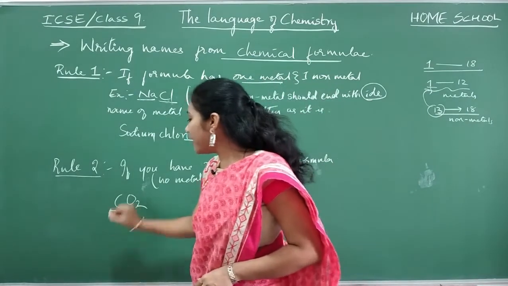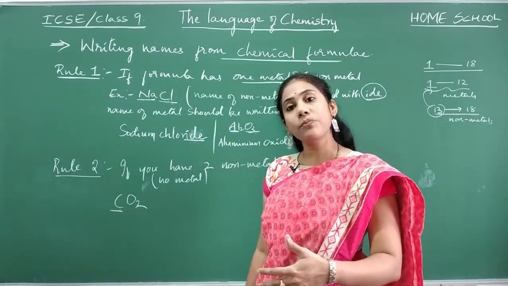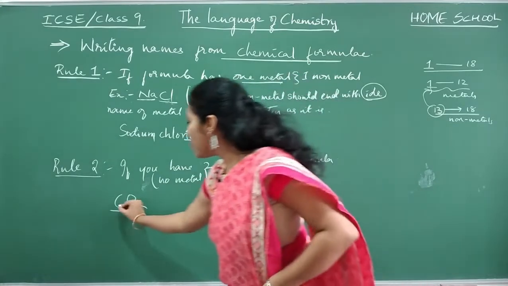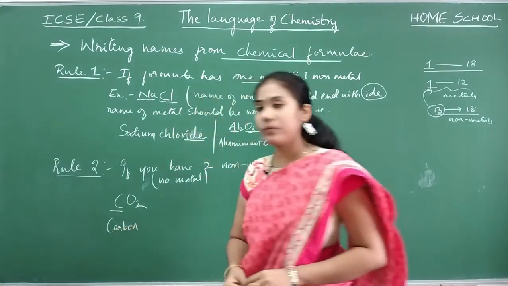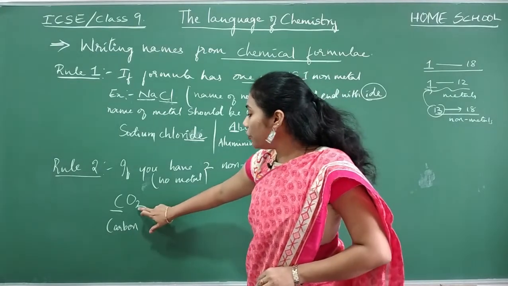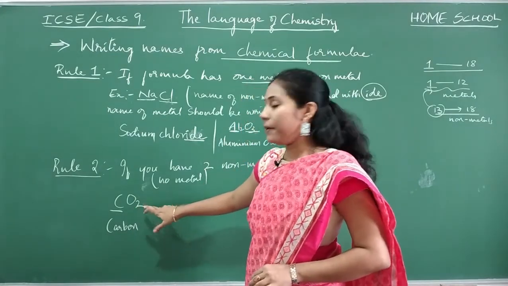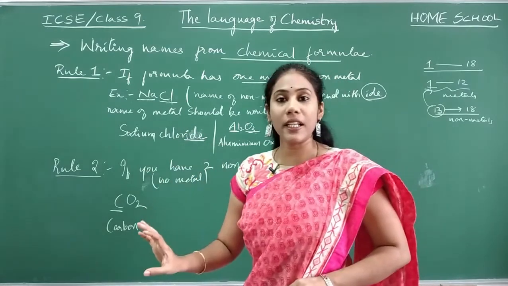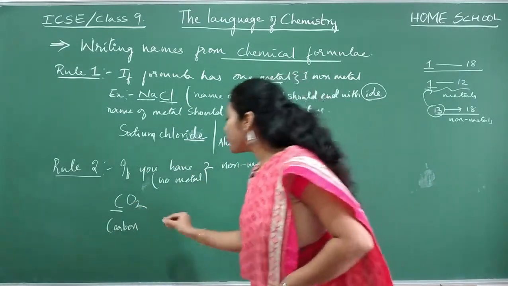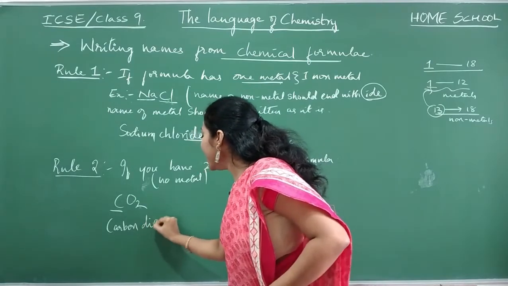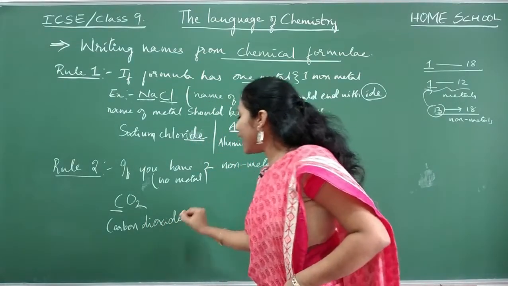The first written element's name should be written as it is. So what is its name? Carbon. And you know the next element's name should end with IDE only. But how many oxygen atoms are there? 2, so here we will write it as dioxide.